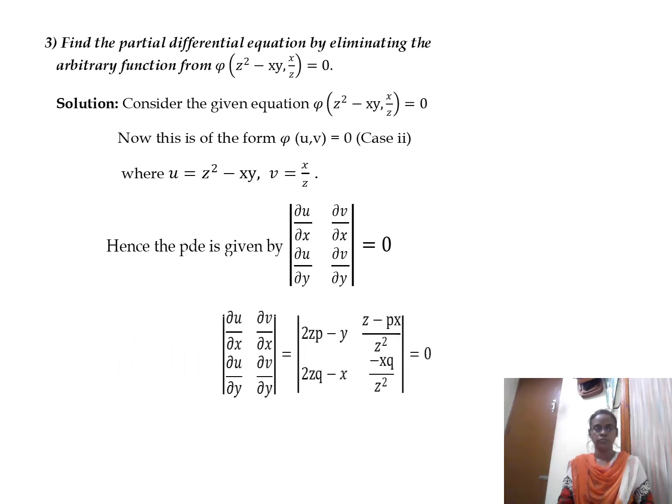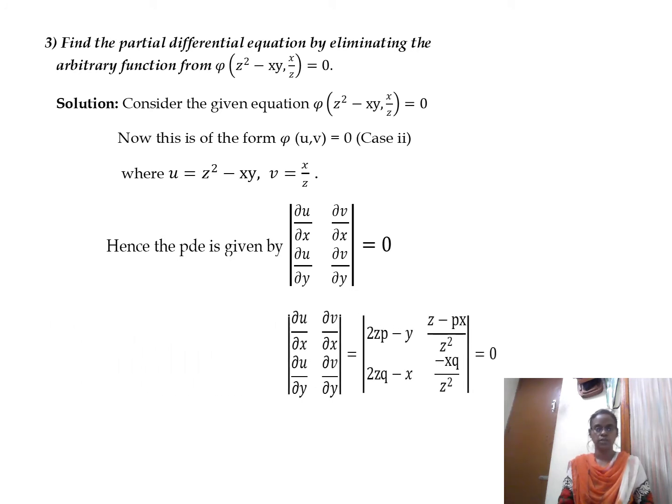The first row, first column, dou u by dou x. So look at u here and differentiate that with respect to x. What we get? 2z into dou z by dou x, that is p, minus x into y. It is like product form. So when we differentiate with respect to x, y is going to be constant. So minus y.